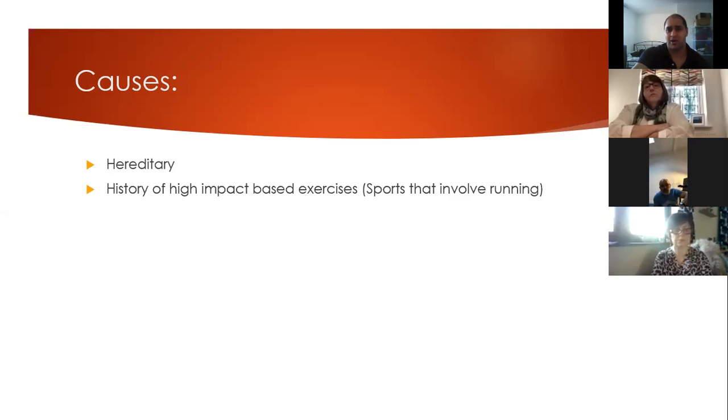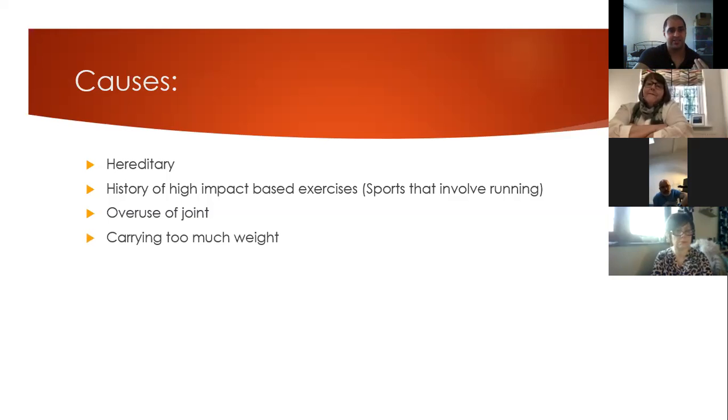If you have a history of partaking in high-impact activities, sports that involve running, combat sports, throwing sports, sports that involve high repetitive impacts through the joints, that's going to take its toll on the cartilage and the joints. An overuse of the joint, if you are somebody who uses one joint over and over and over again for a very long period of time without letting it heal, then that's going to have a negative effect on the cartilage and the cushioning of the joint.